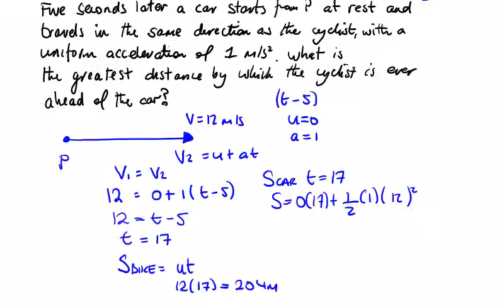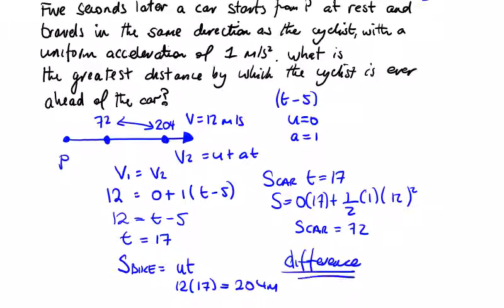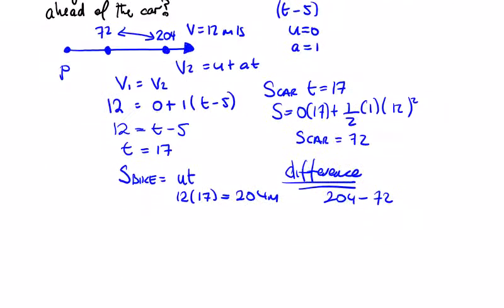So a half of 144 is 72, so the car's distance is 72. So if this is the point at which the velocities are equal, that's 204. The car has traveled 72, so the difference is going to be 204 minus 72, which is 132 meters.